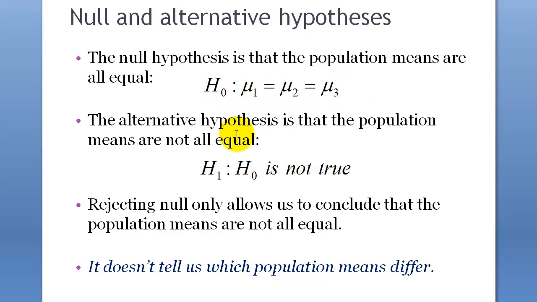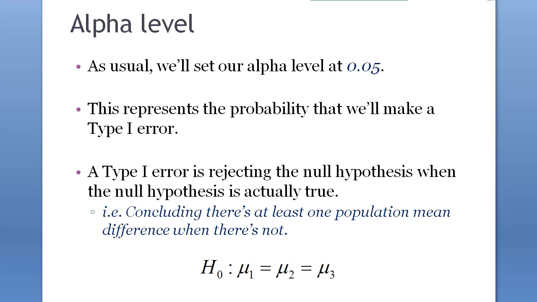And the alternative hypothesis in ANOVA says that the null hypothesis is not true. This is a key point, very important. And for the alpha level, in our class, we decided to use 0.05 all the time.